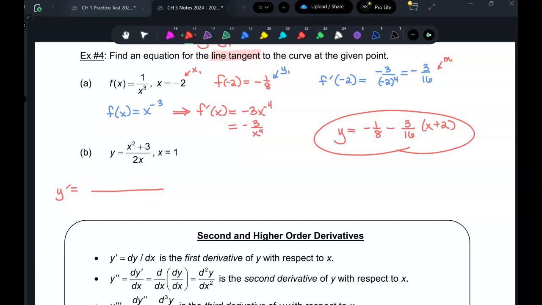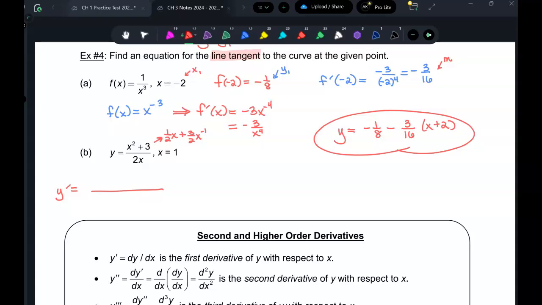Okay. Here I can rewrite this to make this 1/2 x plus 3/2 x to the -1. That's how I would rewrite this, but a lot of students wouldn't recognize that. They would say, just do quotient rule, which is fine. It might look different in my original setup, but when we plug in, we're going to get the same answers.